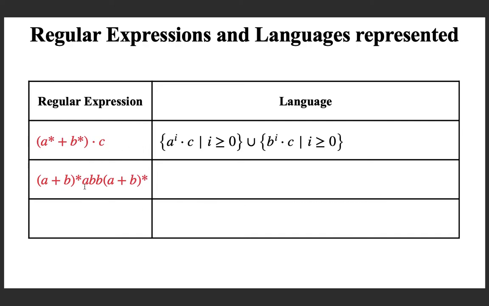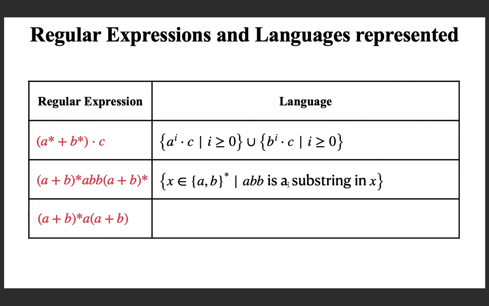Now can you guess what language this is representing? Note that A plus B the whole star represents any string over AB. So you can easily observe that it is nothing but the set of all strings over AB such that the string is containing small ABB as a substring. Last example, can you guess what language is represented by this regular expression?